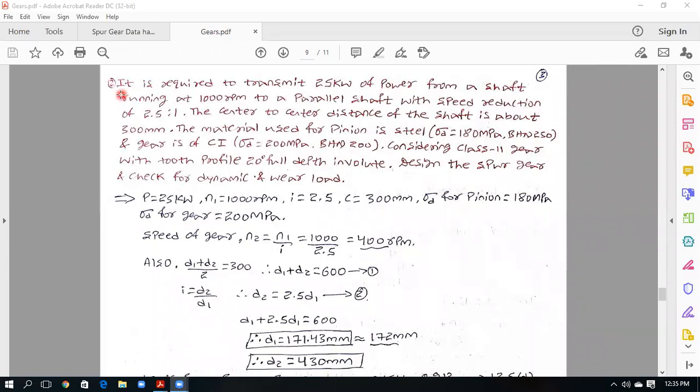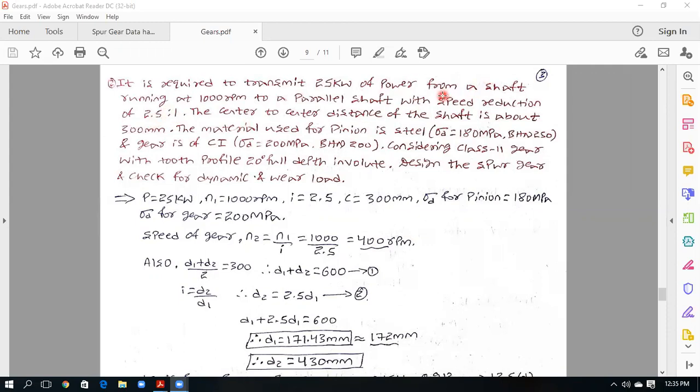We'll solve one more problem on spur gear. I will read the statement. It is required to transmit 25 kilowatt of power from a shaft running at 1000 RPM, N1 is equal to 1000 RPM, to a parallel shaft with a speed reduction of 2.5 to 1.